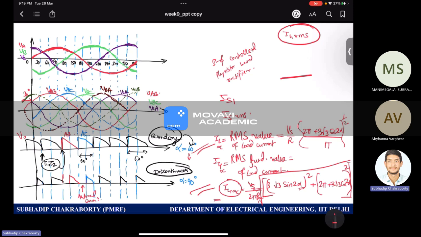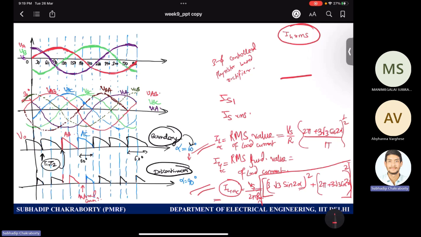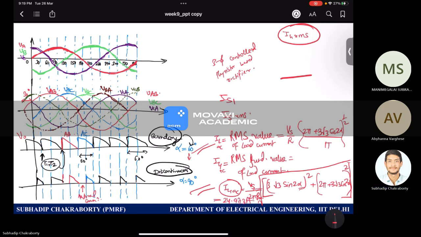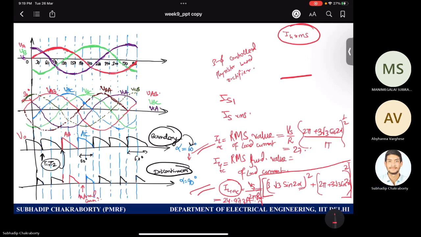If you plug these values into this formula, the fundamental component will come out as 24.973 amps. And your AC side overall RMS load component will come out as 27.217.